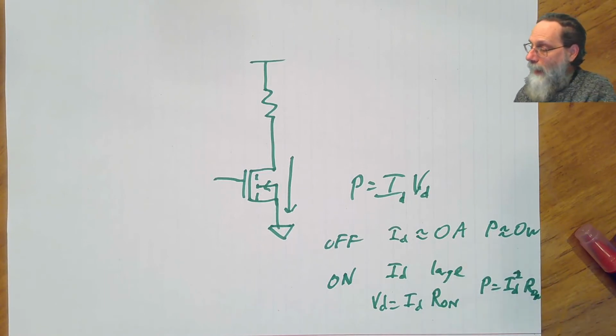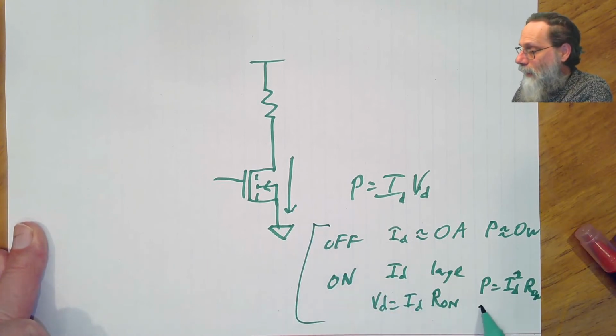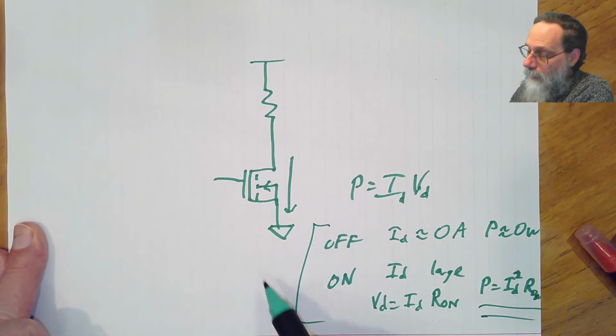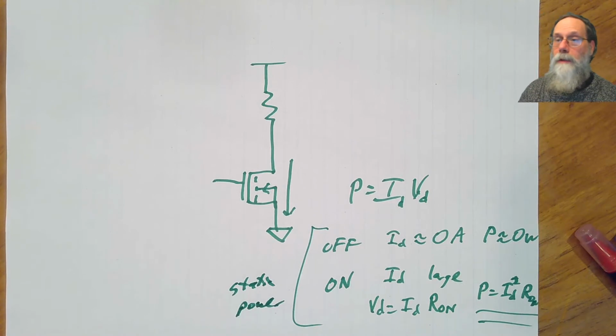But that power, so nothing when it's off, I squared R_on when it's on, that is the static power. And about the only ways we have of reducing the static power is either choosing a transistor with a very small on resistance or not having it on very much.